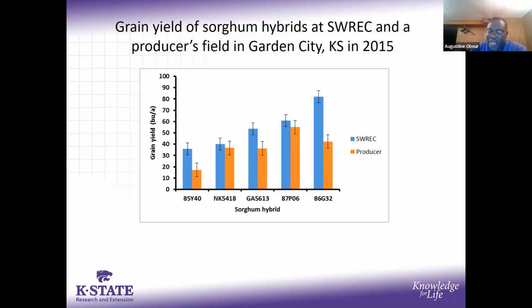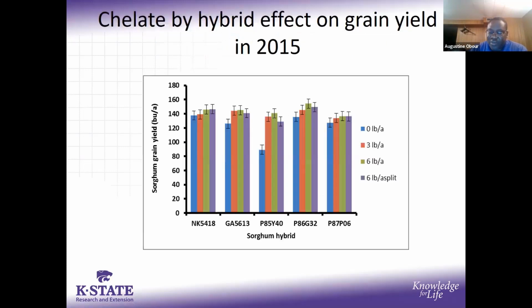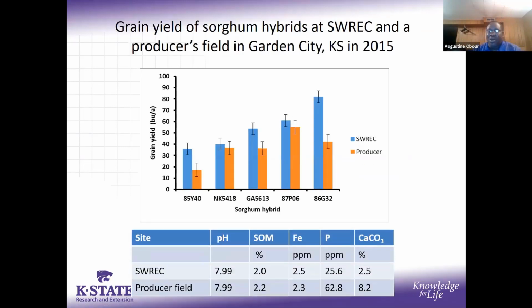What is happening here is the difference in the soil conditions. So this is the soil test results from the 2 sites, our experiment station in Garden City and then the producer field. The soil pH is not different. Soil organic matter is not different. Iron concentrations were similar between the 2 sites.